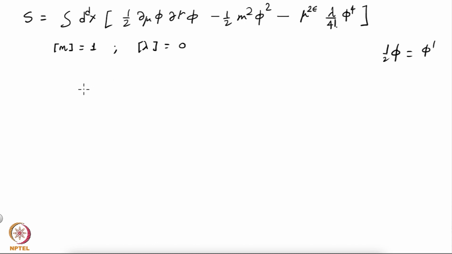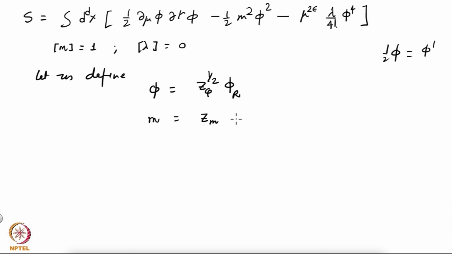So let us define phi to be z phi to the half times phi r, and m to be zm times mr, and lambda to be z lambda times lambda r, where phi r, mr, and lambda r are the fields and parameters which are finite.